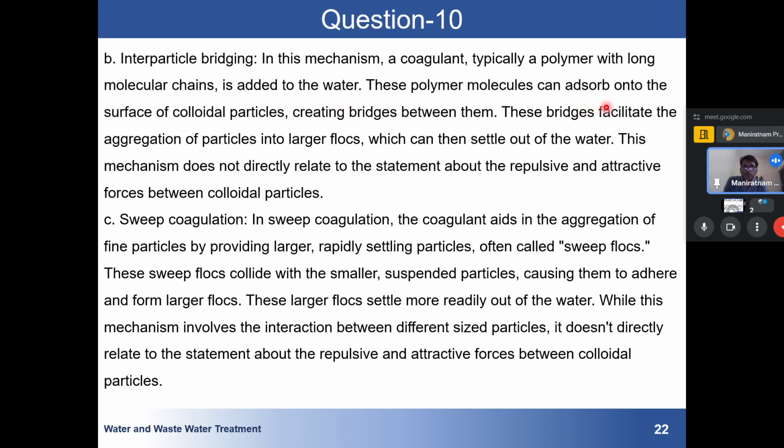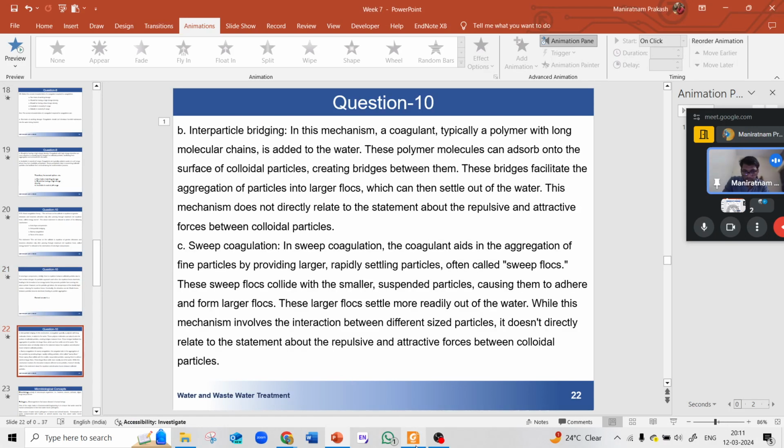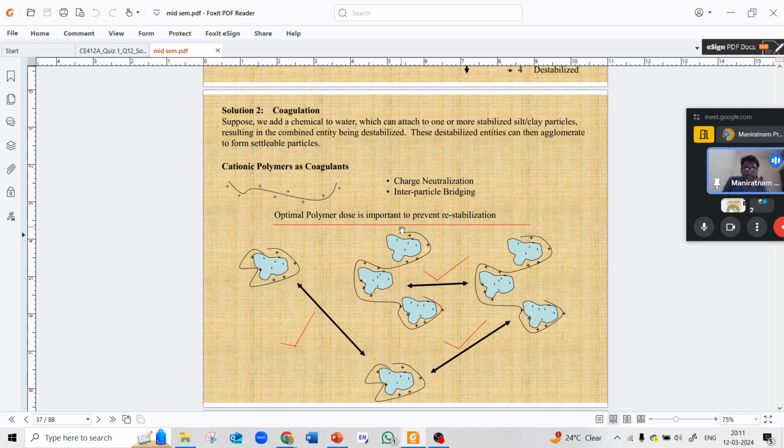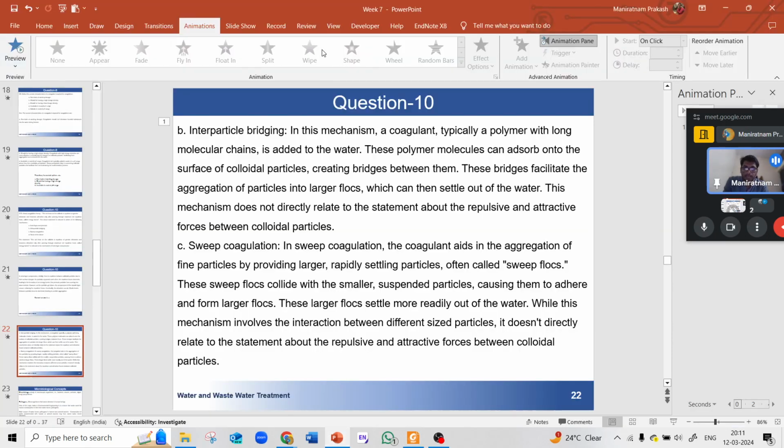Remember the pictures I was showing you. This polymer molecule can adsorb on the surface of the colloidal particles, creating a bridge between them. You can see they are creating a bridge between those particles. This bridge facilitates the aggregation of particles into larger flocs, which can settle out of the water.